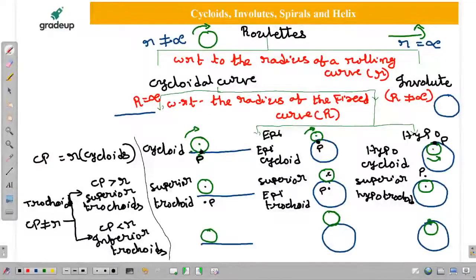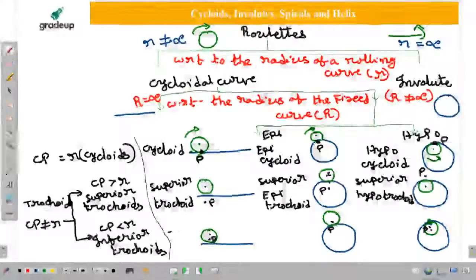First of all, I will consider the nature of the curve; we will discuss it later, because you will get the clarity where the difference will come. So in this case, this is the center. I am considering the point inside. Here also the point is inside. This is the center. Now here it is called inferior trochoid.